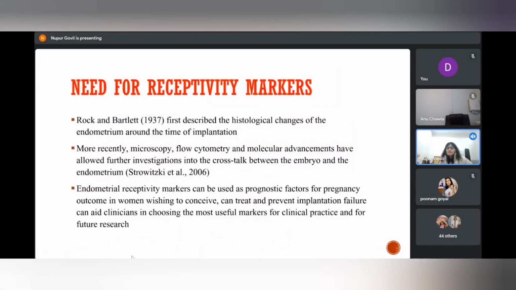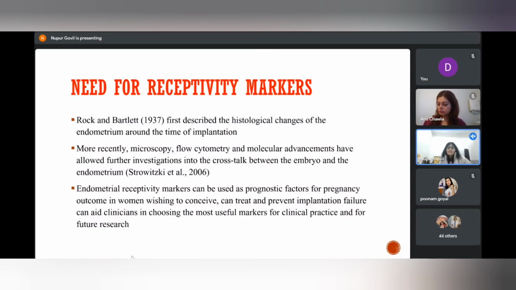So why do we actually need receptivity markers? Since histological dating by Noyes criteria started, there has been a lot of advancement. Now we can do embryo screening, we can do PGT, we can select the best embryo. We are moving towards single embryo transfer. But one thing that is keeping us back is that, similar to the embryo, we cannot actually predict the endometrial receptivity.